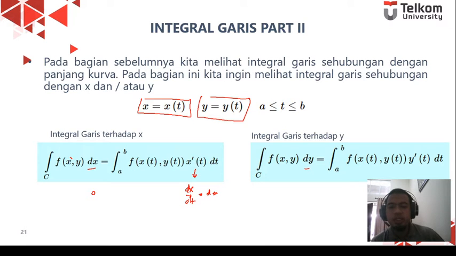So x is transformed to x(t), y is transformed to y(t), and dx becomes x'(t) times dt, the first derivative times dt. Same for y: x becomes x(t), y becomes y(t), and dy becomes y'(t) dt.